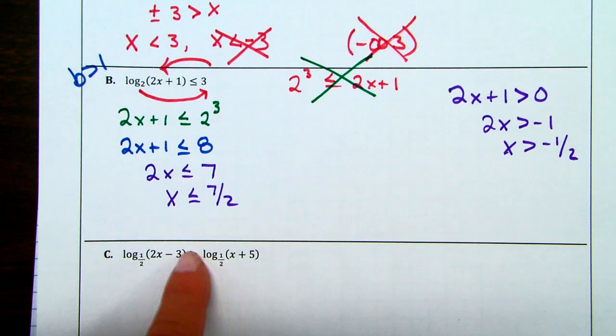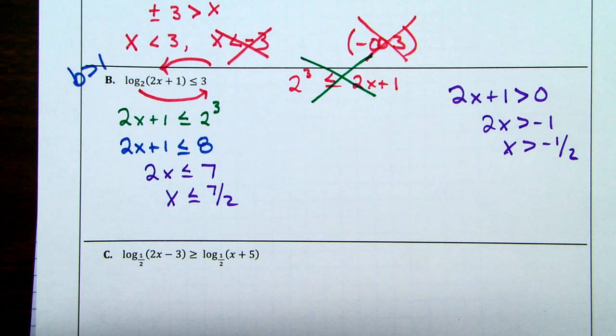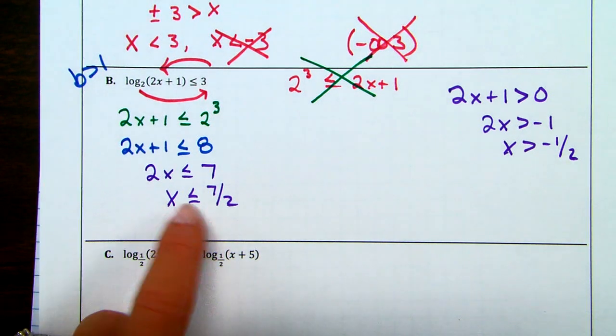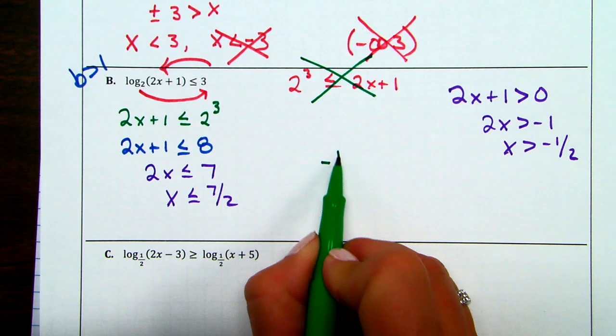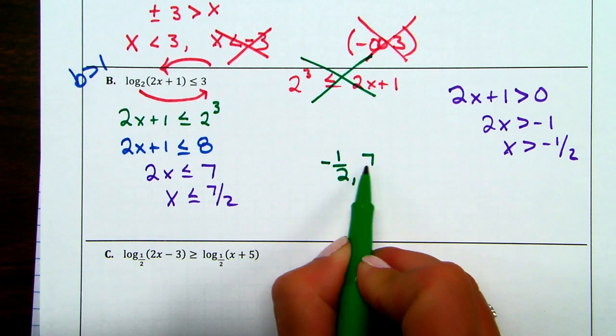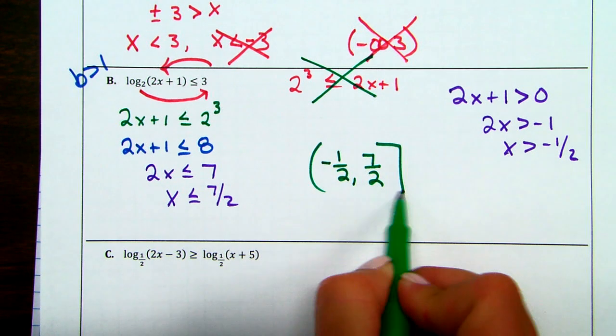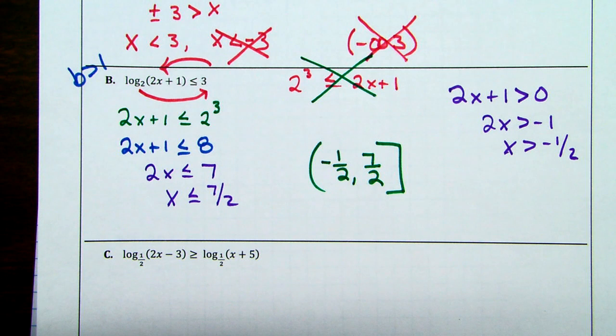So that is my range of numbers from negative 1/2, not including it though, up to 7/2, including it because it's got the bracket, the equal to sign. So negative 1/2 to 7/2 would be my solution set.